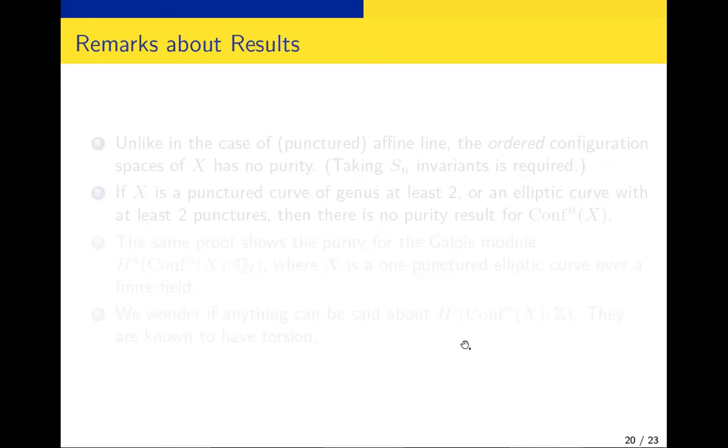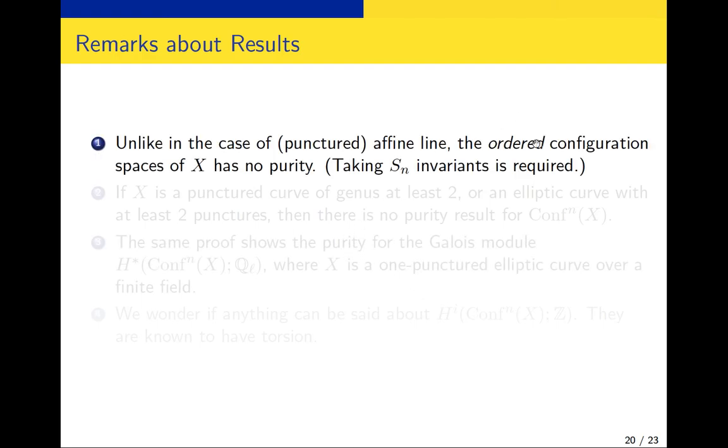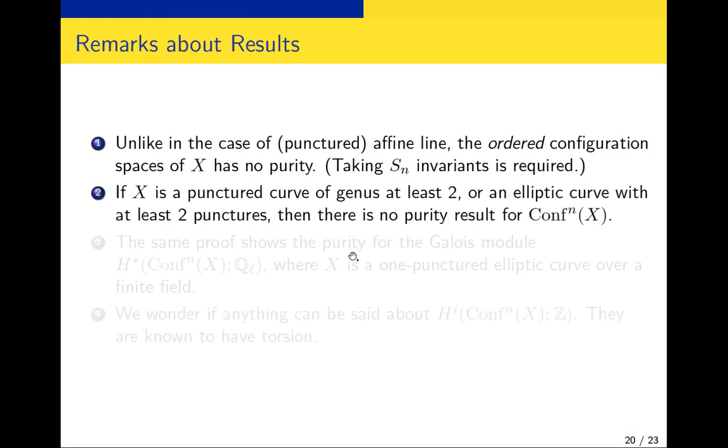And there are several remarks. First of all, for X the punctured torus, the ordered configuration space has no purity, unlike the punctured affine line or the punctured complex plane. The reason is that we need to take S_n invariance to kill something. And all we need here is that genus 1 is a nicer case.